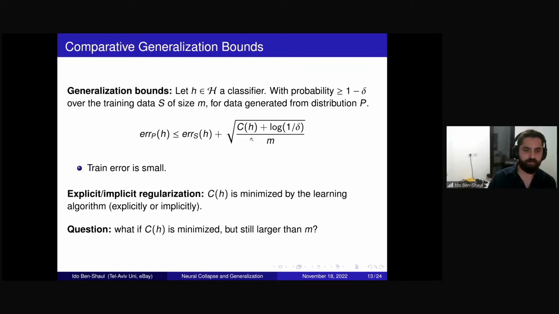It could be the VC dimension, some parameter counting scheme, more recently the norms of the weight matrices, plus this log 1 over delta term, divided by the number of samples.